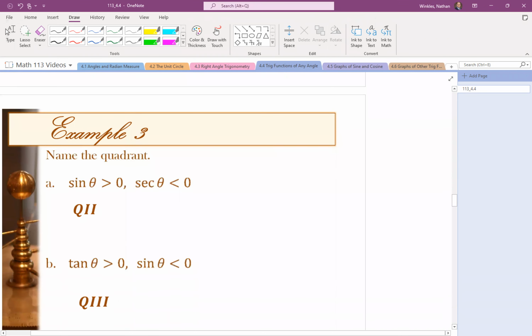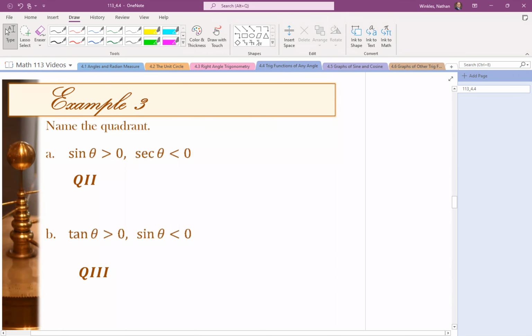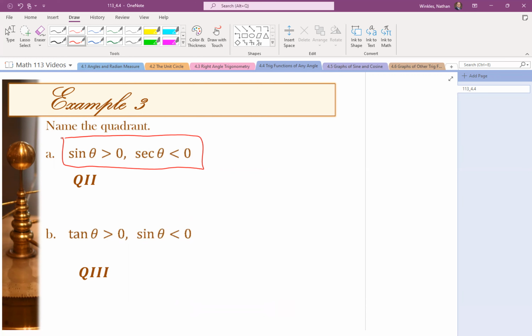So if we look at this one, it's going to give us some conditions. Here are our conditions, and we have to know exactly what we're looking at. In this case, we're told that sine is positive. Sine is my y values, so we're positive and positive for sine.